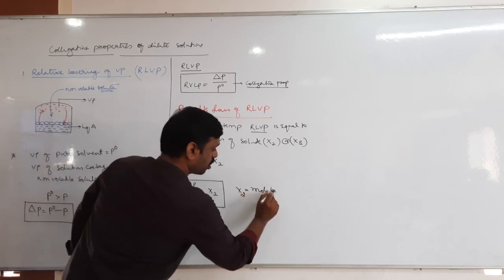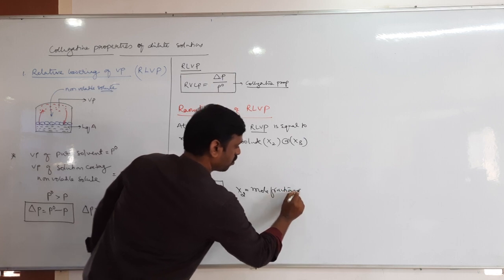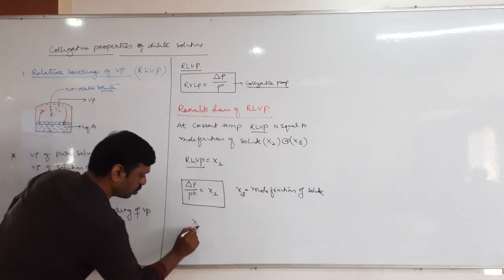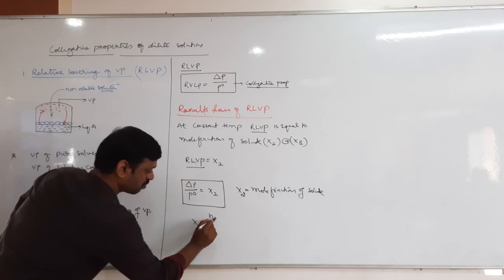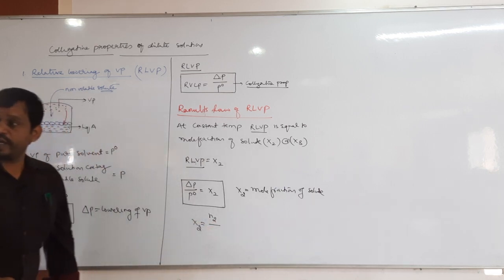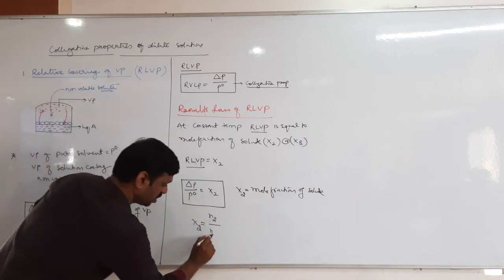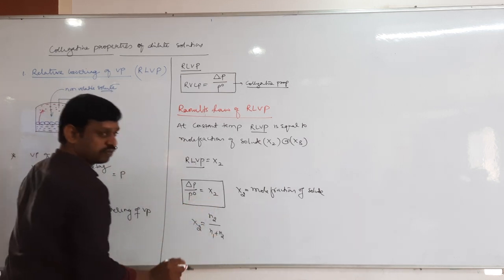Okay, X2 equals the mole fraction of solute, but we also know that X2 equals the number of moles of solute divided by the number of moles of solute and solvent. That means N2 divided by N1 plus N2.